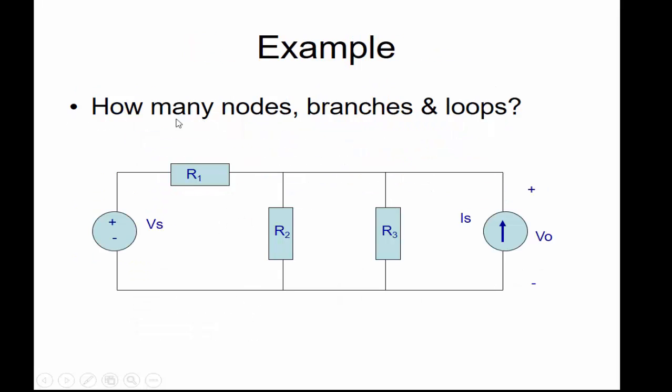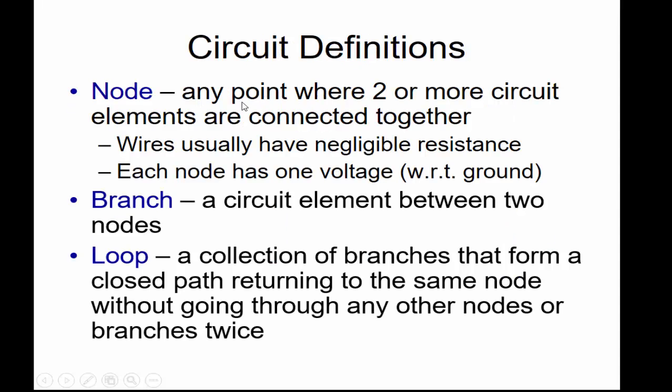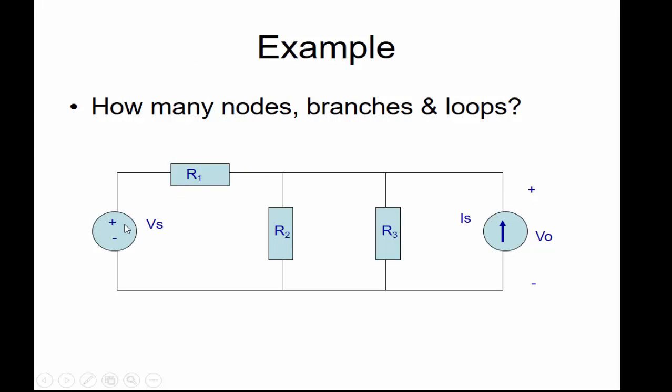Now, for example, we have a question that says: how many nodes, branches, and loops are in this case? When it comes to nodes, we've mentioned that a node is any point where two or more circuit elements are connected. For example, between this circuit element, which is the voltage source, and that circuit element, which is a resistance, we could have that one right here as our node.